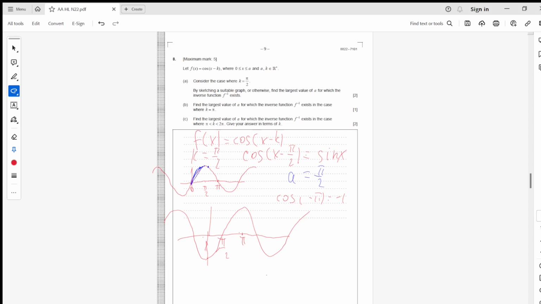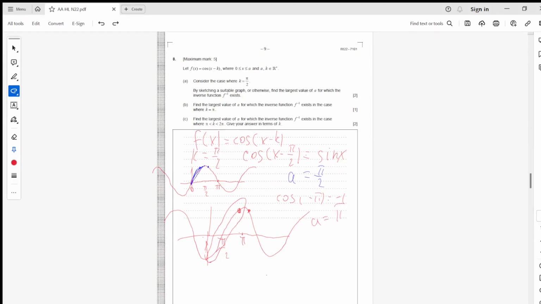So what we can say is, again, we have an inverse on the interval from 0 to pi right here, because from pi, again, for example, this point has the exact same value as this point. So our A would be just pi.